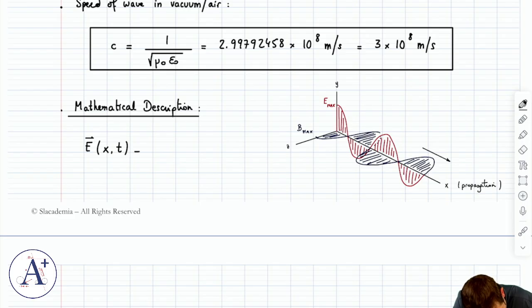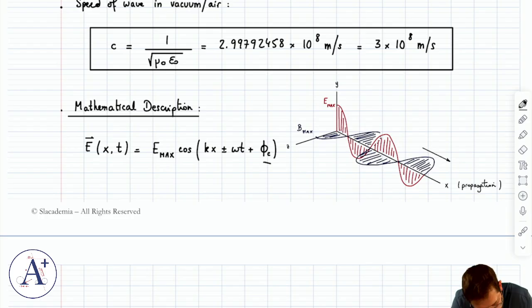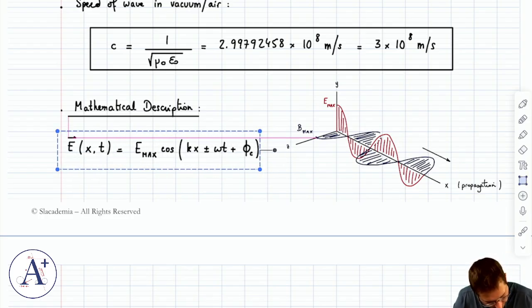The second variable is going to be time. The amplitude is going to be E max. That's the largest that the electric field is going to be. And then we're going to write it like this. Cosine kx plus or minus omega t plus phi sub c, where the phi sub c refers to cosine. So that's the phase constant if I'm using cosine.